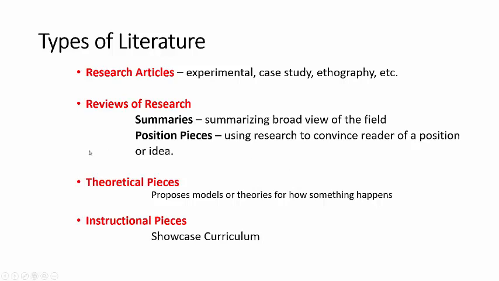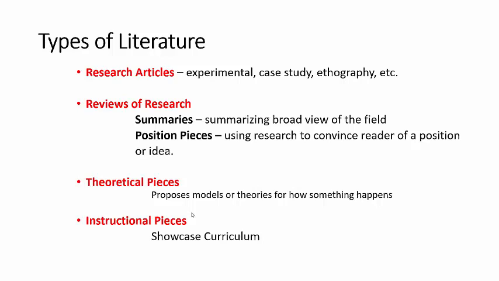All right, the third type of piece that you might be reading are theoretical pieces. And theoretical pieces are articles, books, etc. that propose a model or a theory for how something happens. So the author might have a theory about how reading happens.